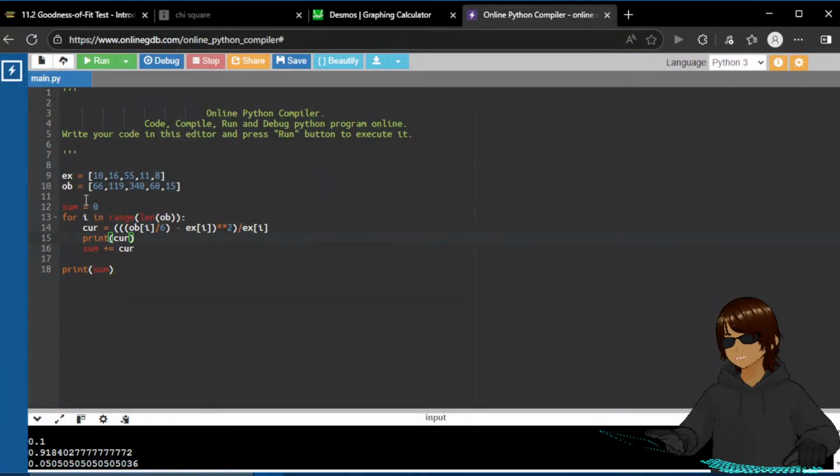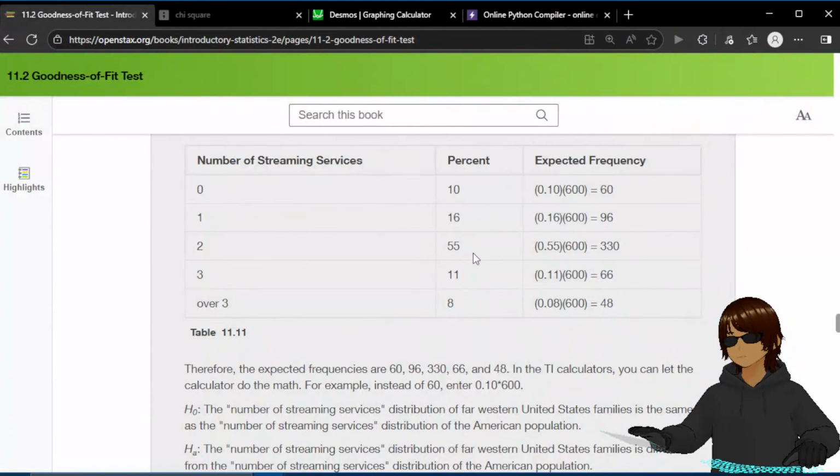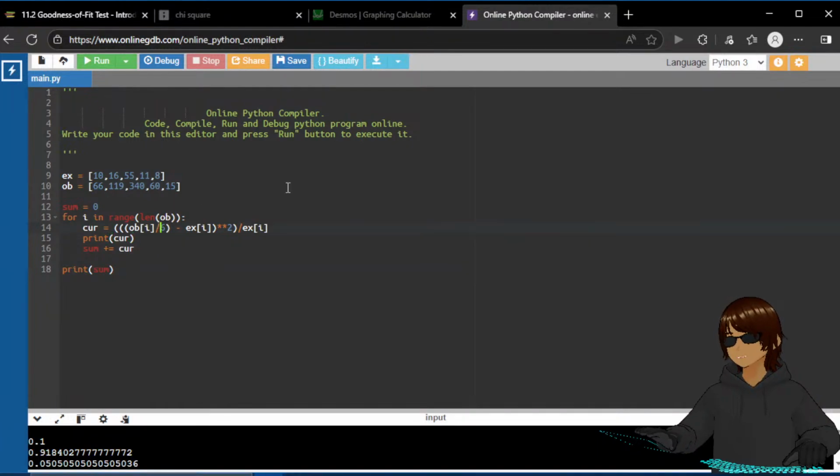If I do 66 divided by 600 instead, the expected frequency. No, I think this is wrong. I think I have to do it their way.